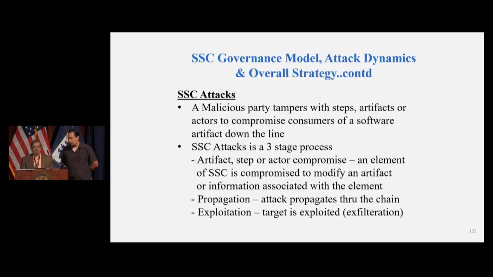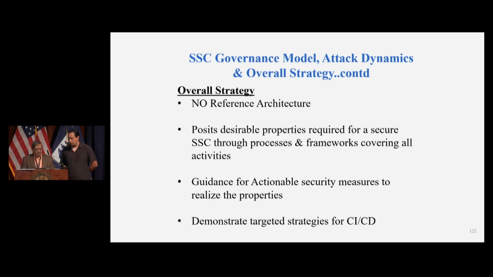A malicious party compromises either the steps themselves, the artifacts being used in the steps, or the actors involved in the steps, for example by stealing credentials. Those are the ways in which a malicious party tampers with the steps with the intention of exploiting the finished product. That's the difference between a software supply chain defect and a software supply chain attack, and we wanted to make a clear distinction in order to understand the problem better.